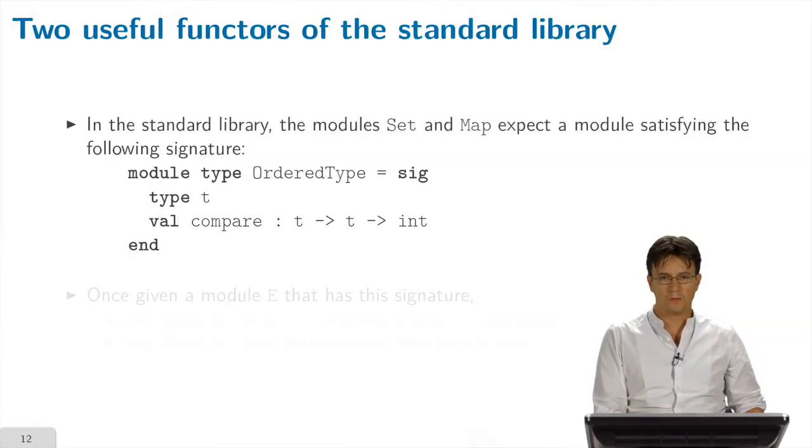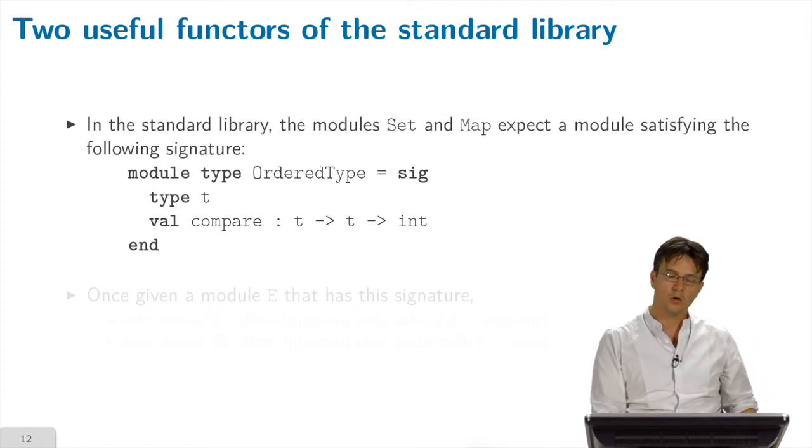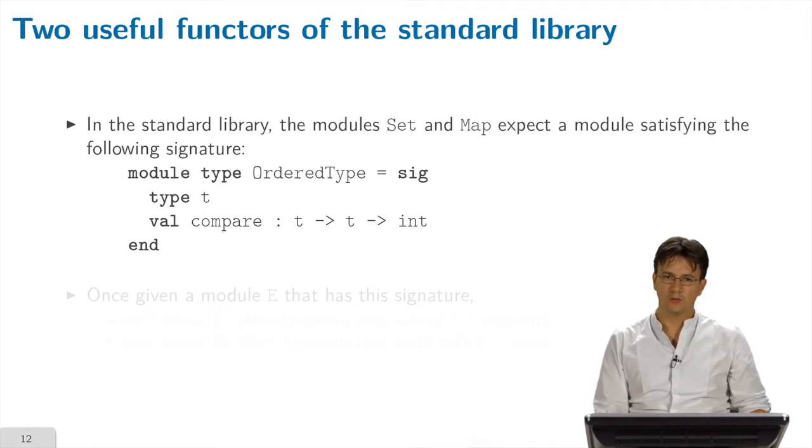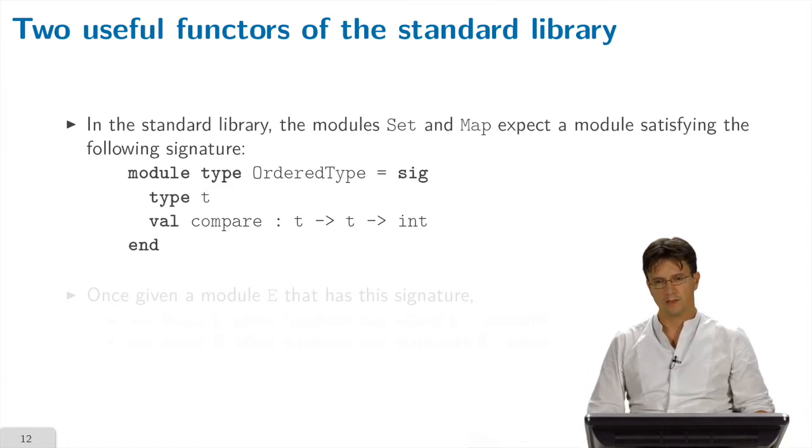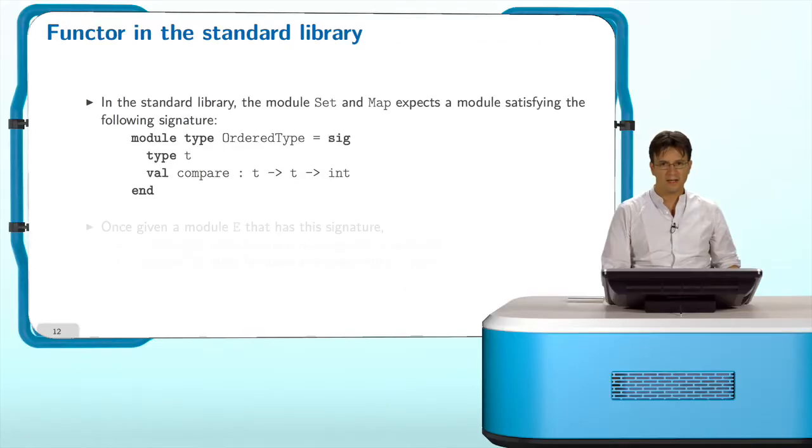If you go through the documentation of the standard library of OCaml, you will discover two very interesting and very useful modules, Set and Map. In fact, these two modules define functors that are waiting for another module satisfying the following signature.